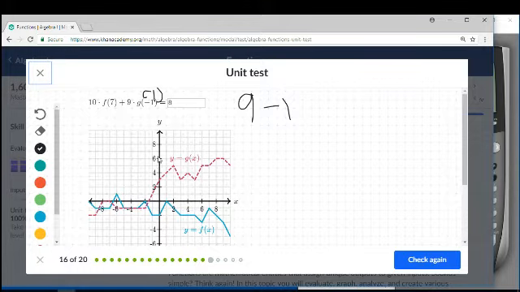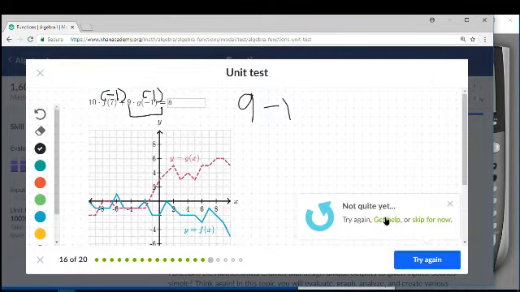Here, when x is 7, f of x is negative 1. When x is negative 1, g of x is 1. 9 times 1 is 9, plus negative 1 is 8.